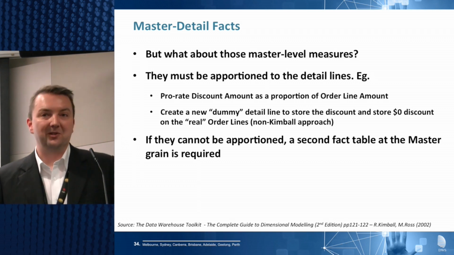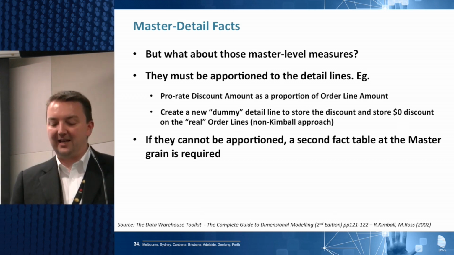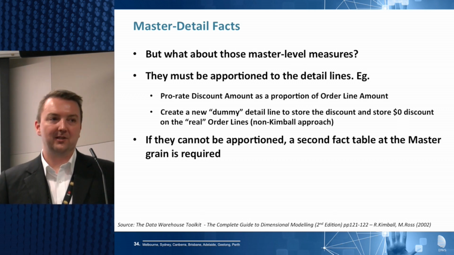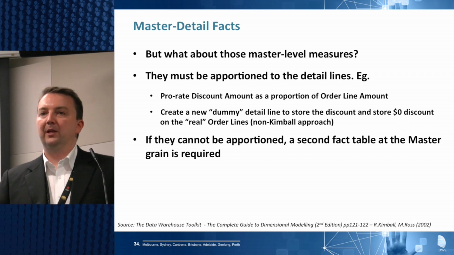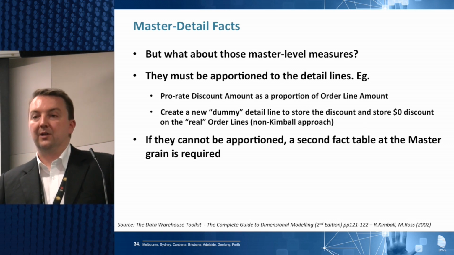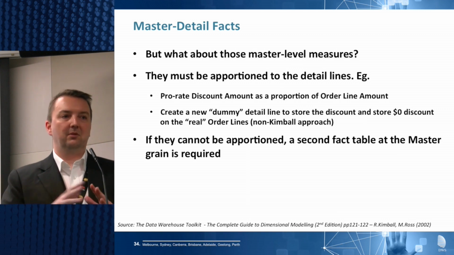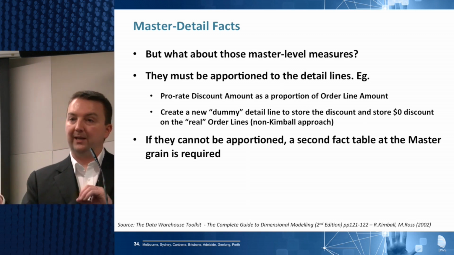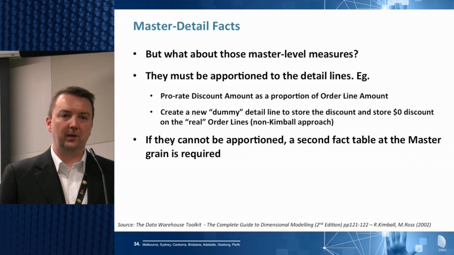So we need to go to the business and say, well, give me a method that does make sense. Right? If they can't come up with a method that makes sense, then that's telling us that the only time we're interested in looking at the discount is never at the same time as product. You're telling me that discount can't be seen at the same time as product because we can't allocate the discount across products. Right? So it's never interesting in the same query as product.